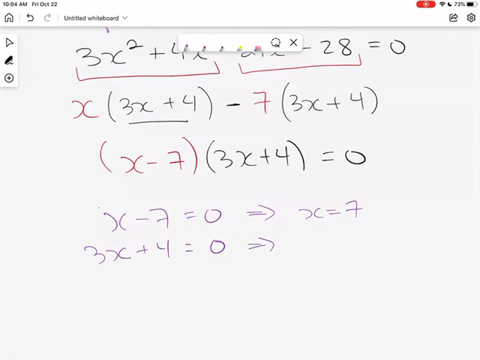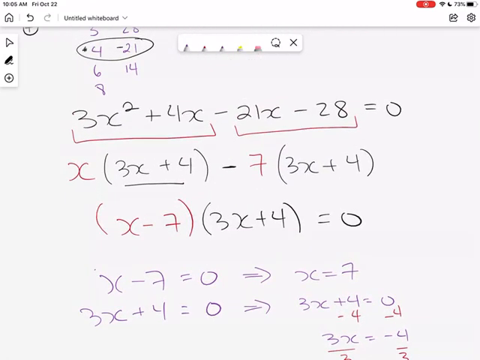And when I go to solve 3x plus 4 equals 0, I can just isolate my x variable so that I end up with 3x equals negative 4. I'm going to divide by 3. And in this example, we have x equals negative 4 over 3.